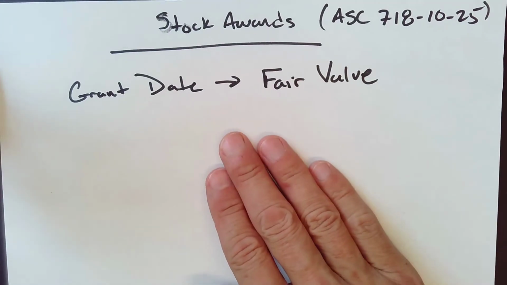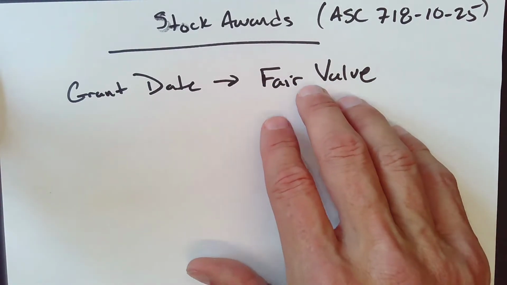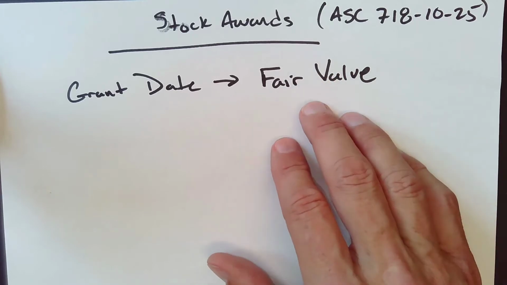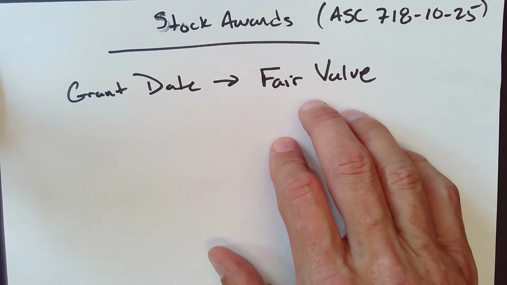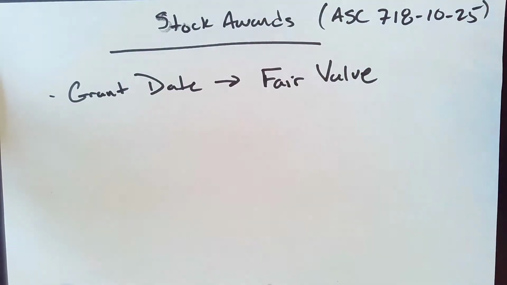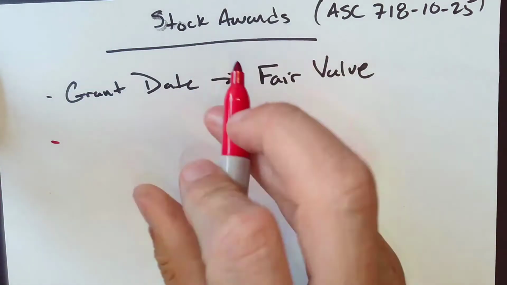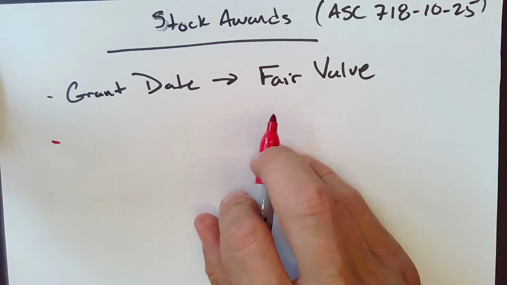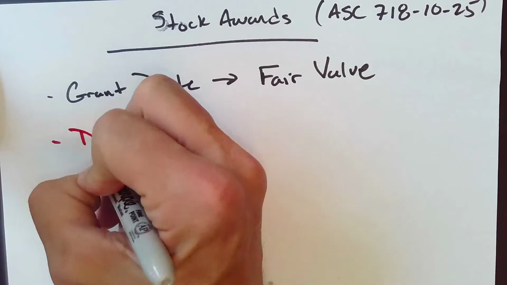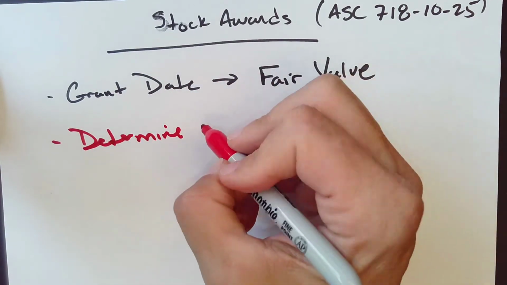And we'll talk about the three different types of stock transfers we can do here. Right? So if we're thinking about this from a service perspective, we need to determine what the service period is.